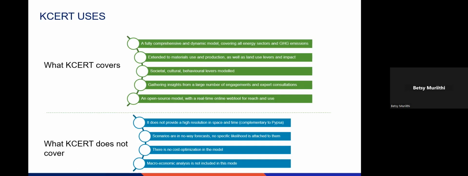But what it can do, number one, because it tries to balance between in-depth coverage of a sector and covering as many sectors as possible, it cannot provide a high resolution in space and time.